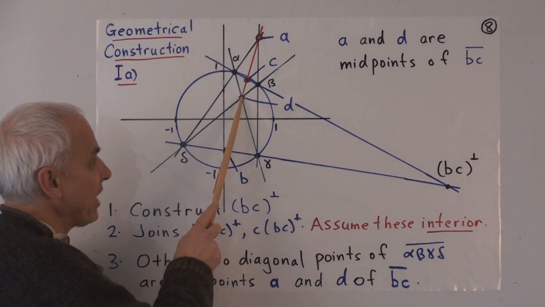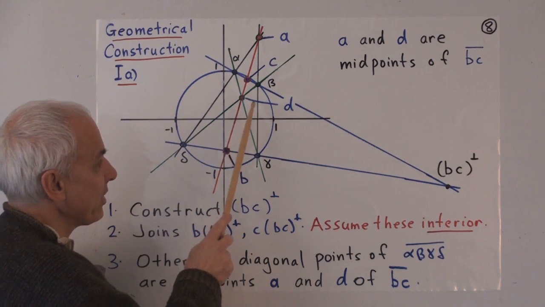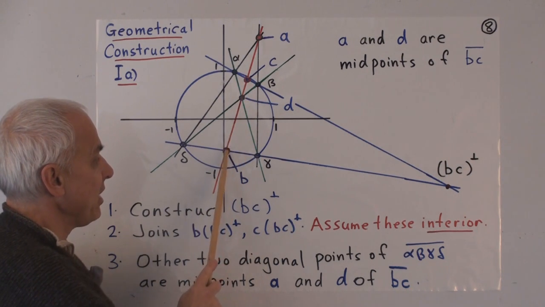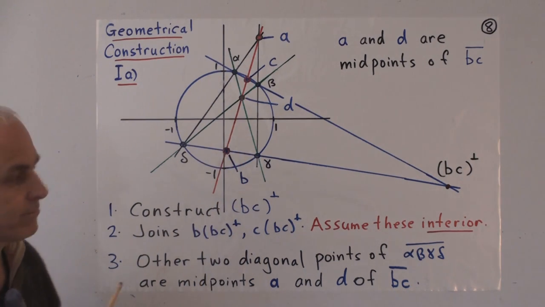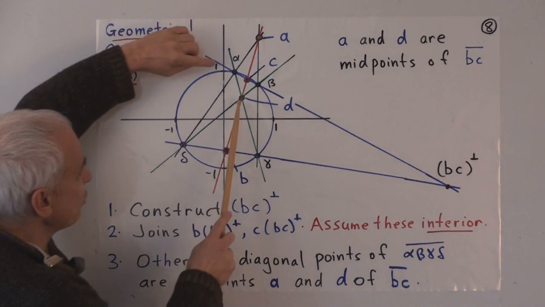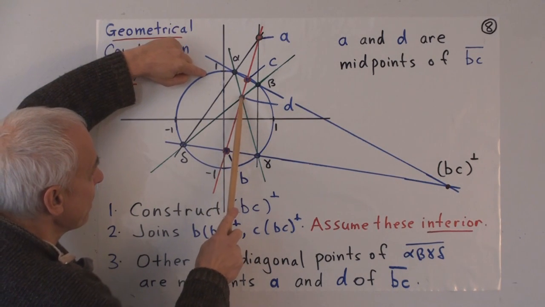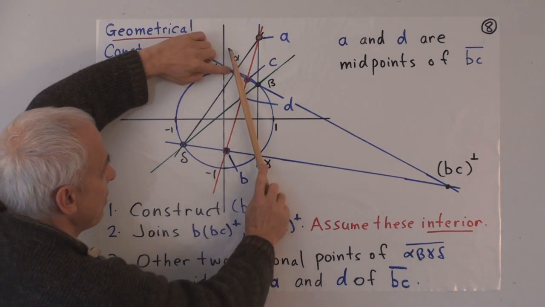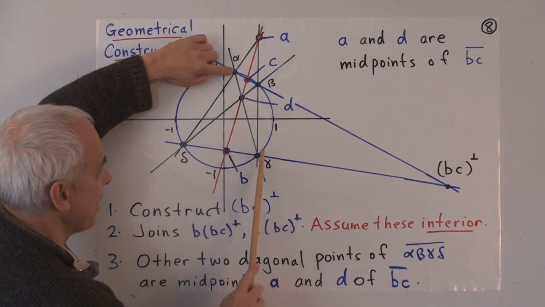Okay, how can we see that that's actually true? Let's have a look at the reflection in D. How do we calculate that the reflection in D actually does send C to B and B to C? Well, what do we know about this reflection in D? We know that it sends this null point to this null point because these are collinear. That's on the null circle, that's on the null circle.